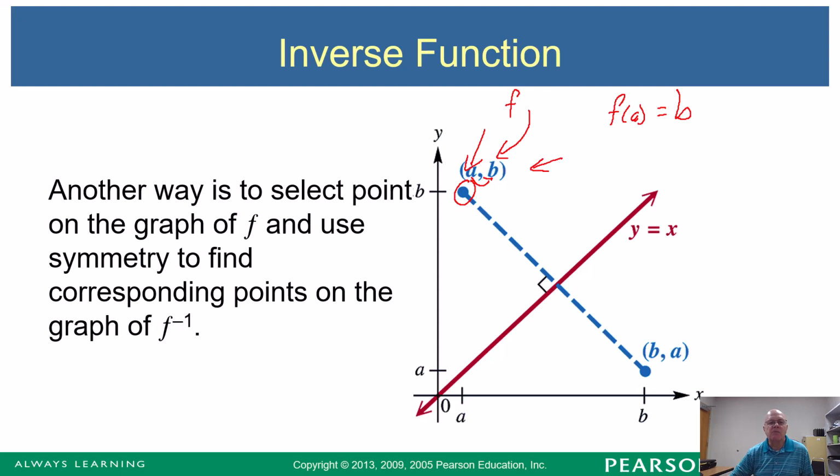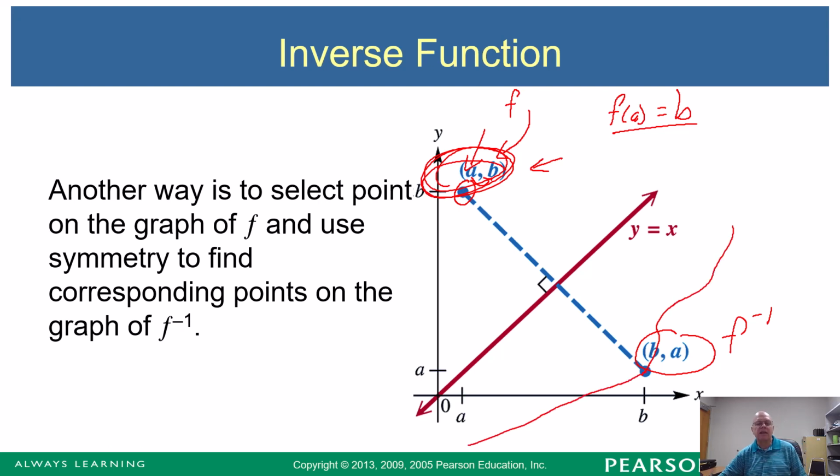Now if you take this point that's on the function's graph, reverse the coordinates, and you've got a point that's on the inverse graph. So if you get a lot of these points, reverse the coordinates, graph them, then you can graph the inverse function.